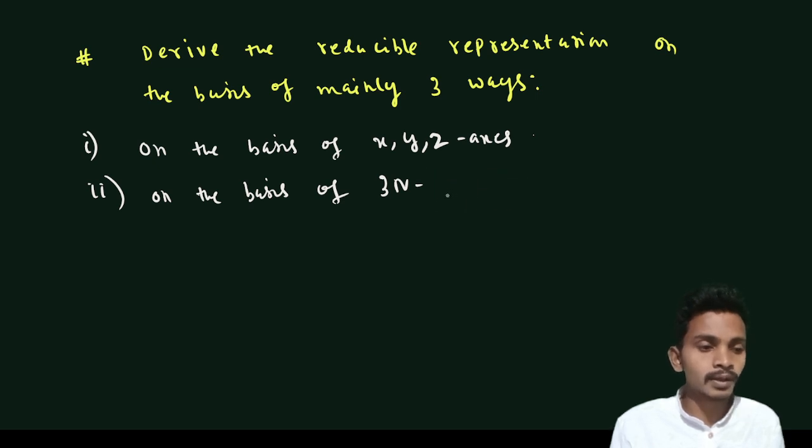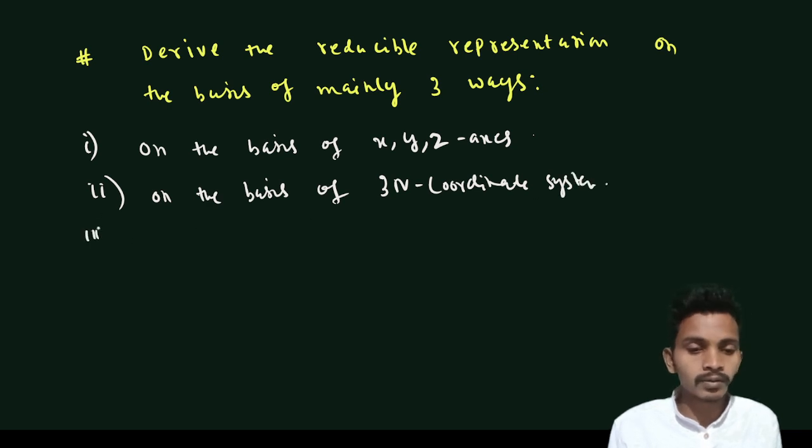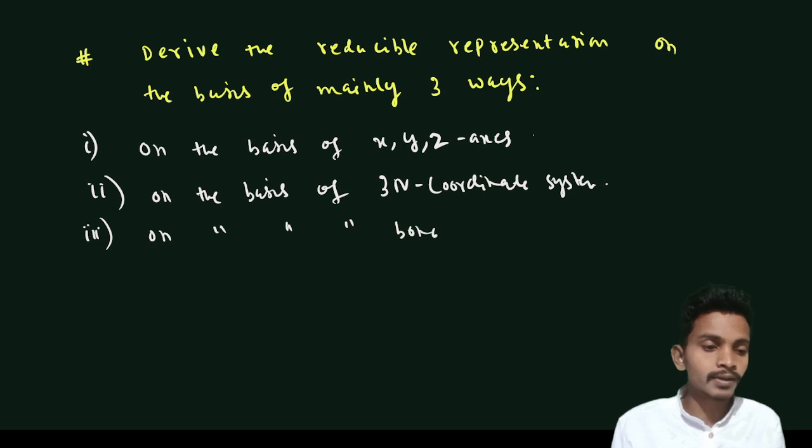I can write 3n coordinate systems. And the third way is on the basis of bond vectors.